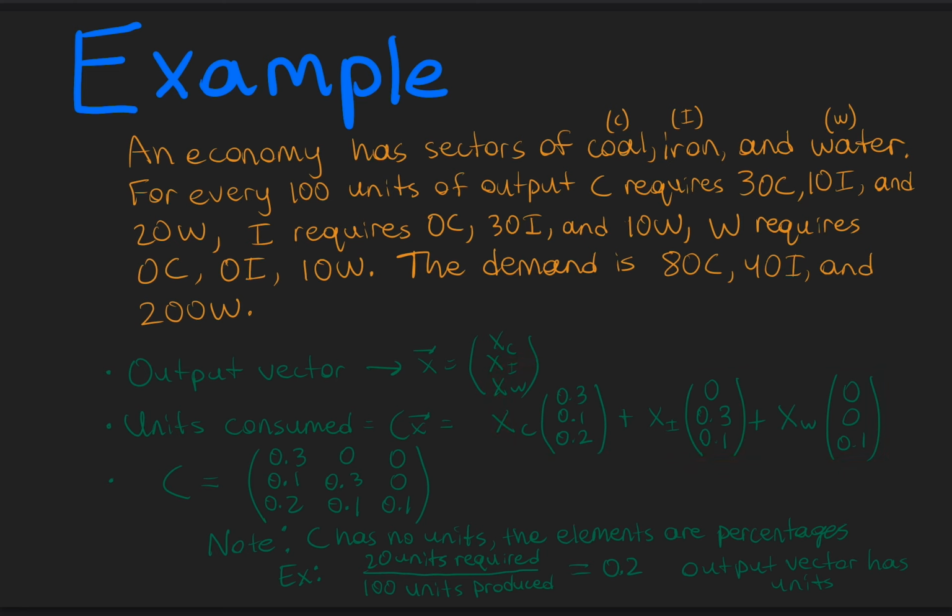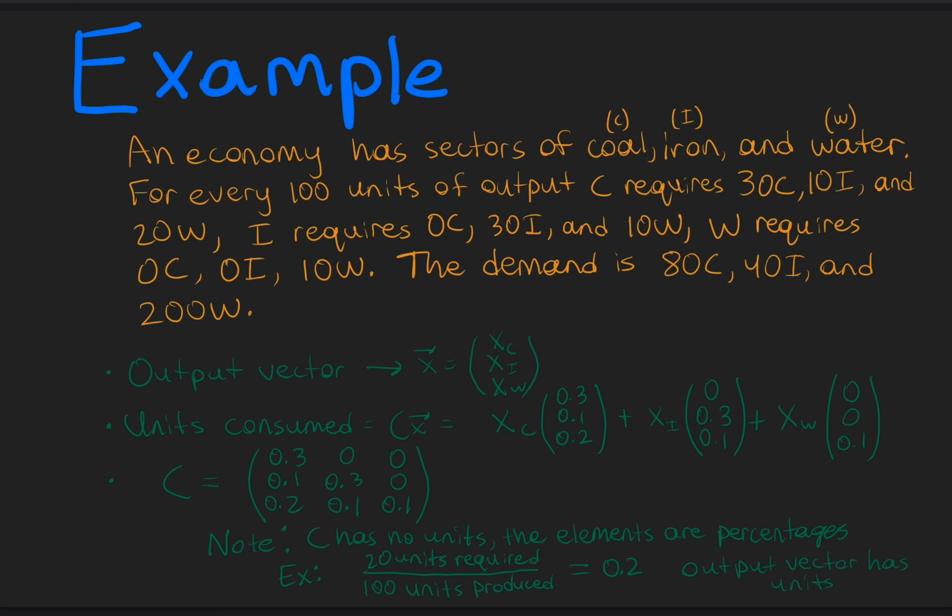Basically what this is saying is that the coal sector requires 30 units of coal, 10 units of iron, and 20 units of water, and so on for the rest of the industries. And if you look at this, you can simplify it down to C equals this setup. That is our consumption matrix.